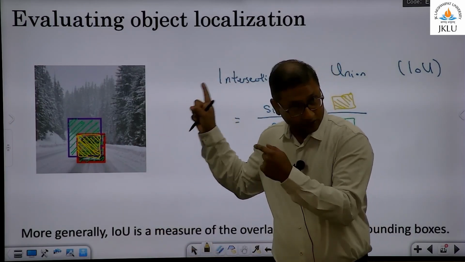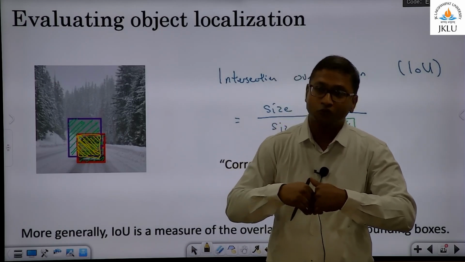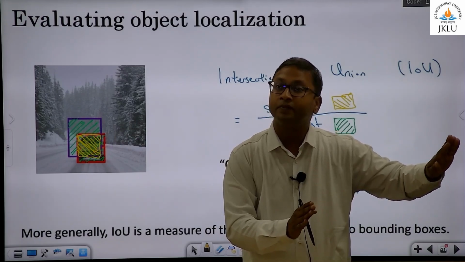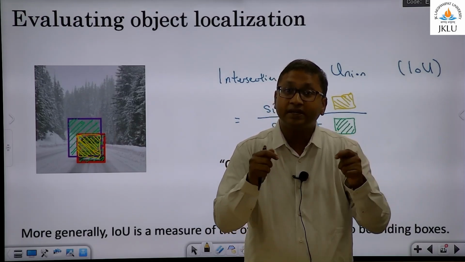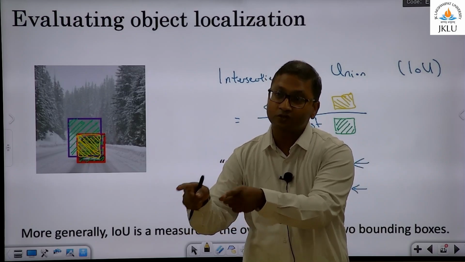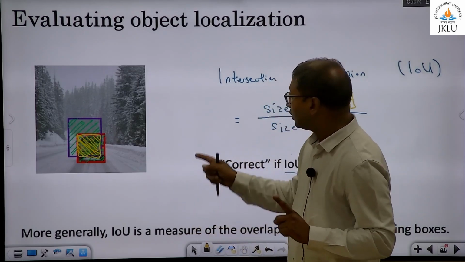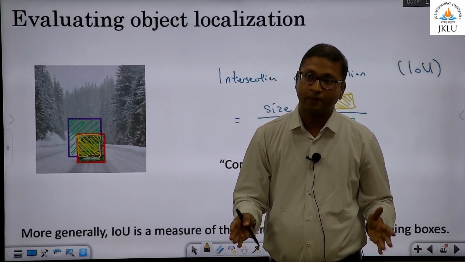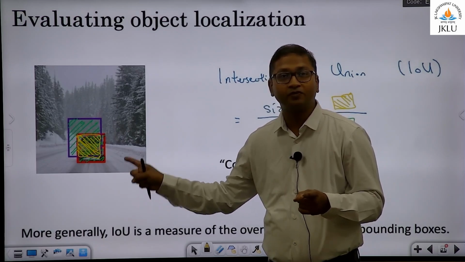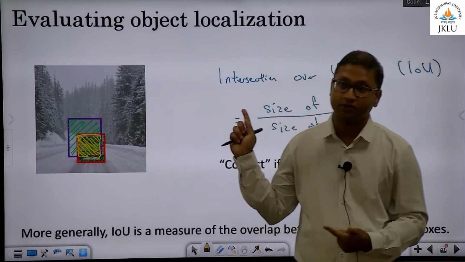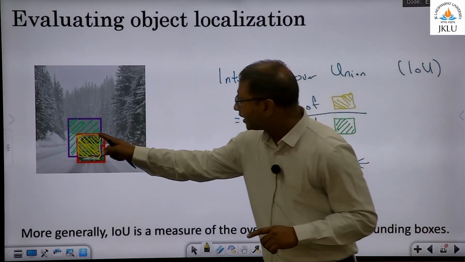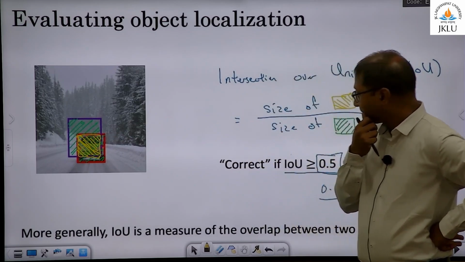So YOLO, this version has so many problems, but you sideline the problems. Why? Because it enables you to do something which was not done before. So when you say there are issues with it, the answer is yes. But back in 2015 when they were doing this, nobody could do this, right? So why do we have this intersection over union now?